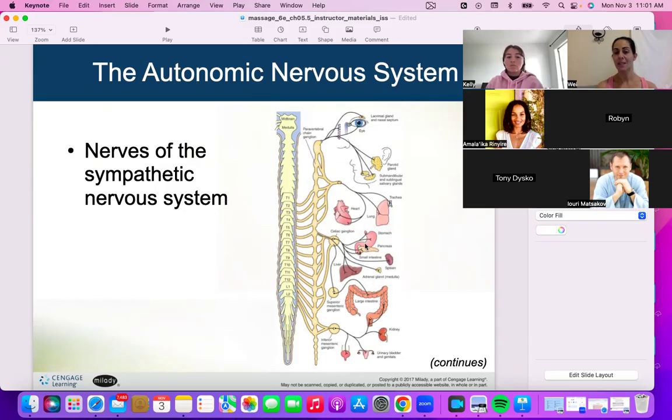So all these things are going to turn on or turn off depending on the state. It also has connection to our digestive tract and to our excretory system, which is the kidneys, the urinary tract, and our bladder.